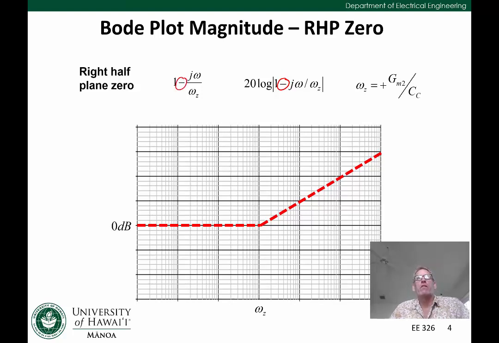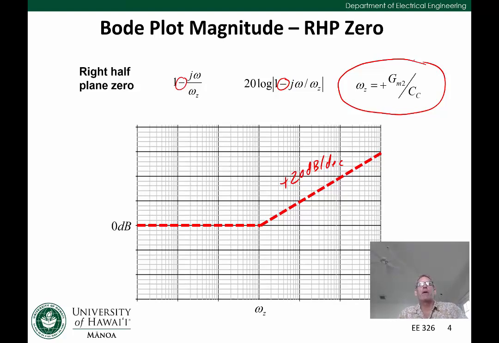So like a normal zero, when we take the magnitude of this and we reach the zero frequency, we're going to start increasing with a slope of plus 20 dB per decade. Again, in this particular example, our zero frequency is at gm2 over Cc. So that's not very different. We expect zeros to increase after the zero frequency.